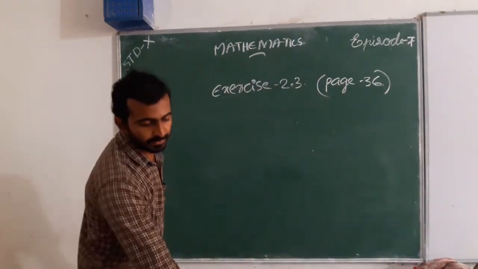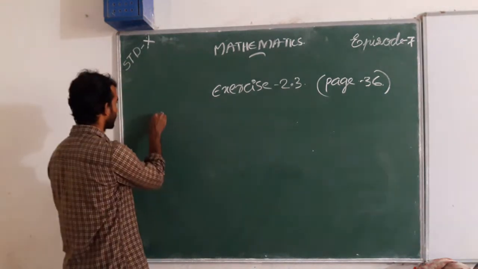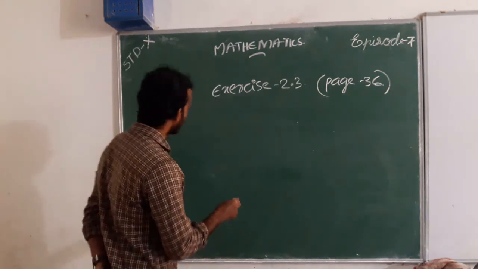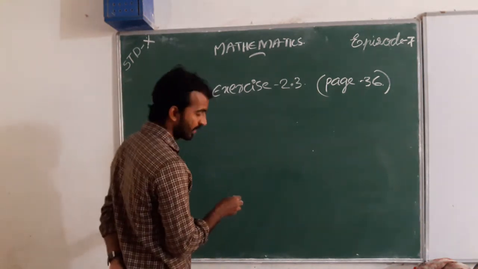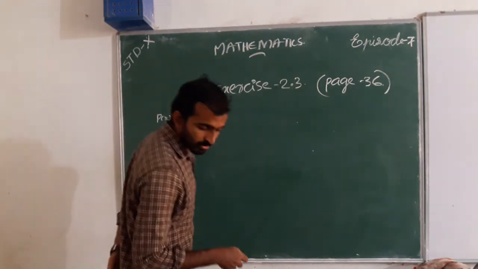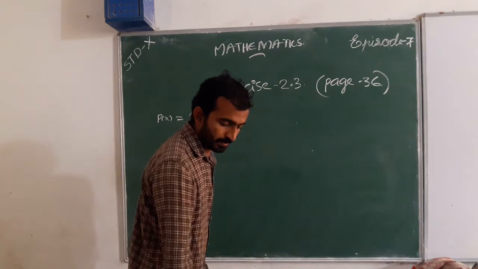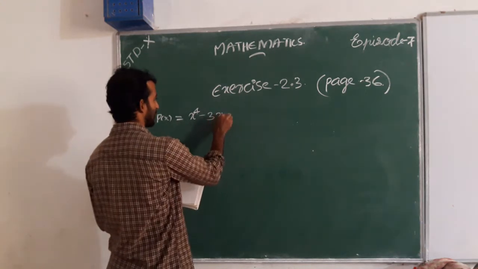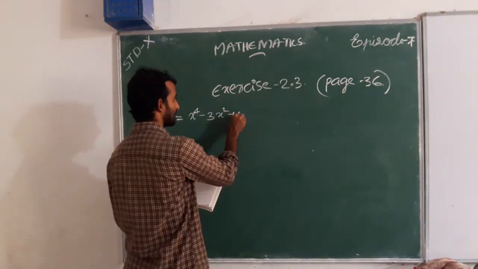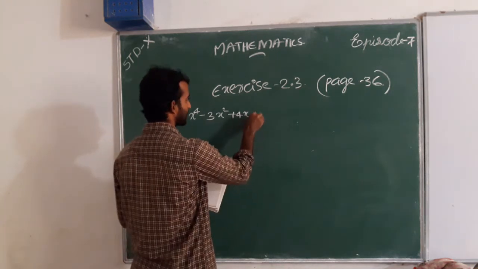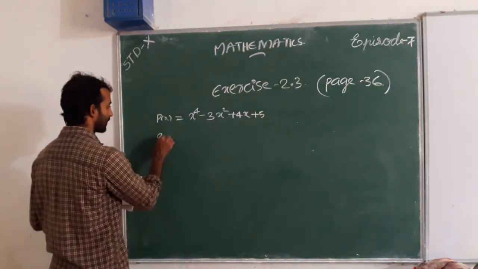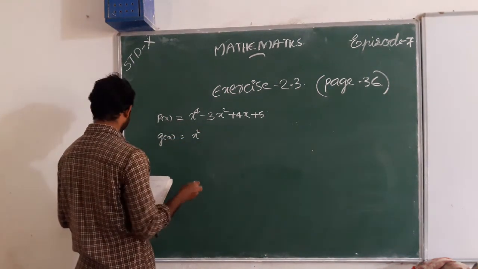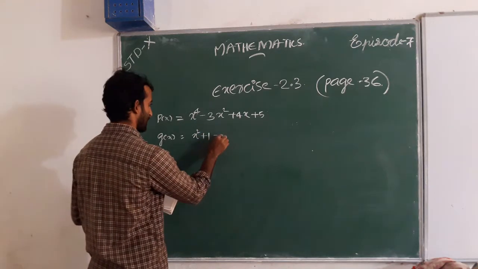Next one is p of x equal to x raised to 4 minus 3x squared plus 4x plus 5, and g of x equal to x squared plus 1 minus x.